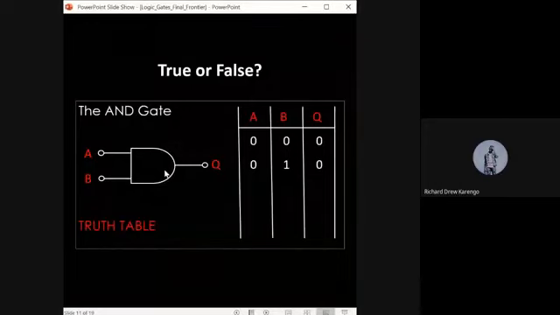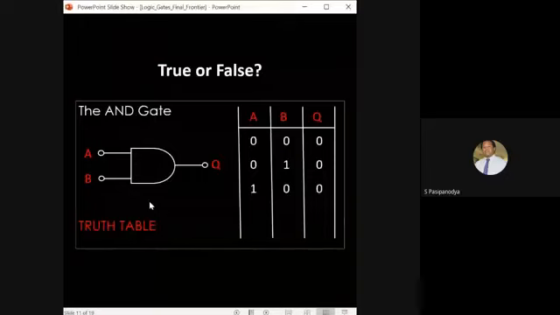For an AND gate, we need to have 2 positive inputs for us to have a positive output. Right. That's quite correct, Richard. You need to have 2 positive input values on your A and B for you to have your positive output.